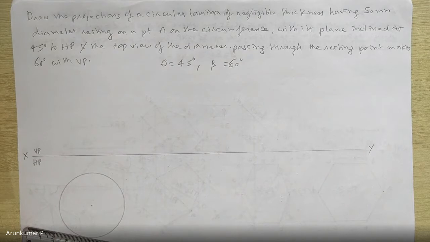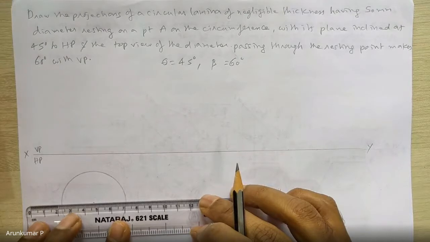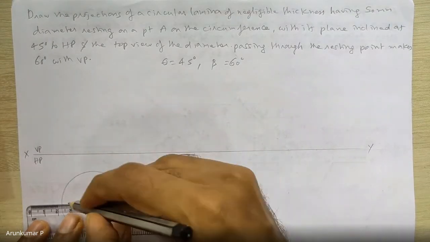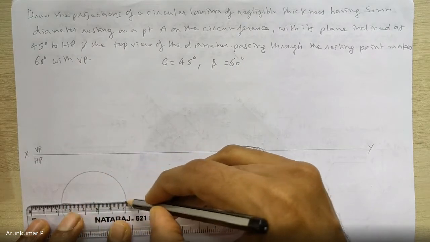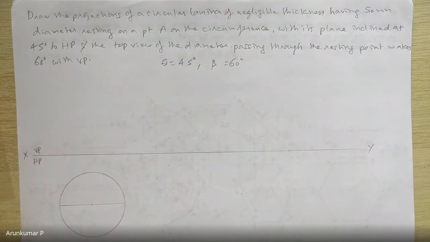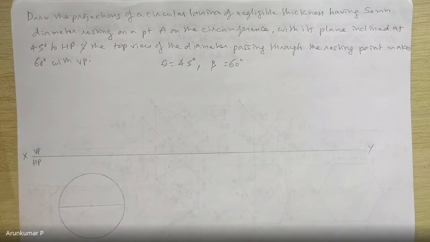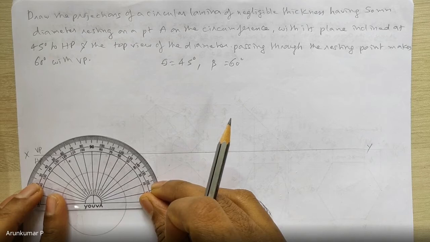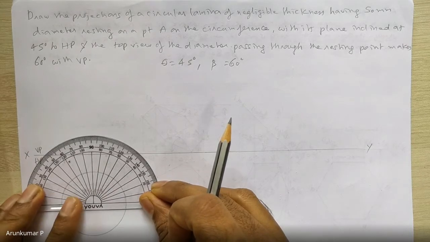So now you can divide this into 8 equal parts. First you can draw a horizontal line for the diameter AE, perfectly horizontal, passing through the center. And then at 45 degrees, you can start drawing the other lines. Keep the protractor on the center and parallel to the horizontal line.